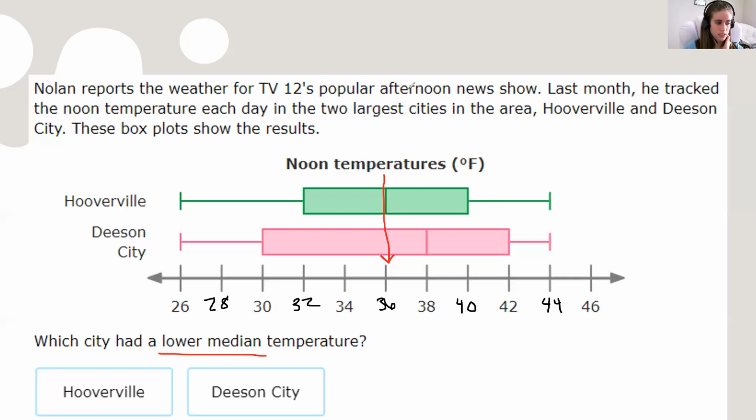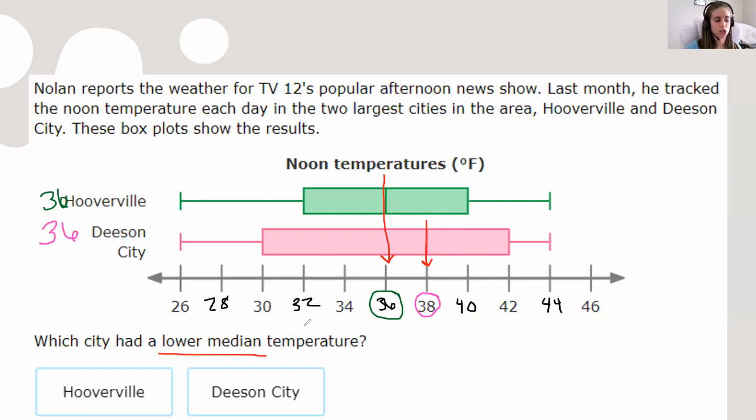All right, so that tells me that Hooverville, I'll circle that in green so it matches, has a median of 36. And then Decent City, that median, remember, is that middle line or that centered line in the box, lines up right here with 38.